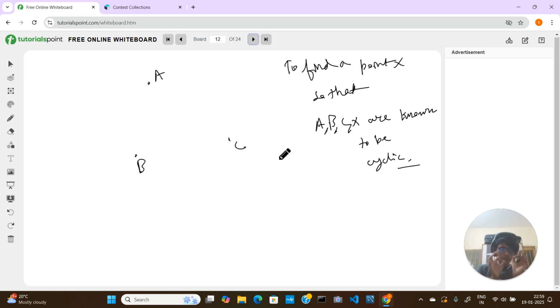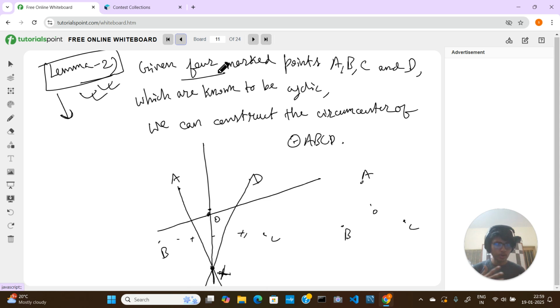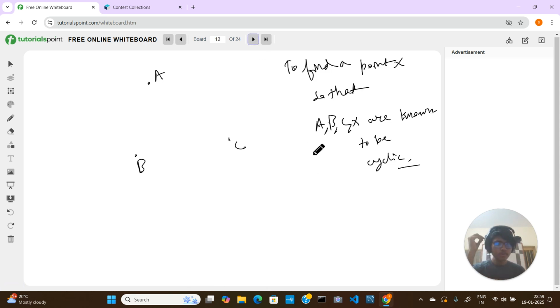If we can find such a point X, then we can easily construct the circumcenter of triangle ABC using lemma 2, the 4-point lemma that we proved earlier. Now we need to get such a point X. This point X should not be something random, it should be something nice.